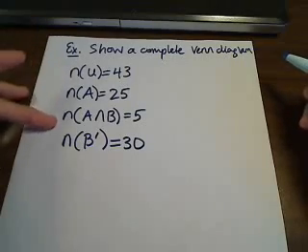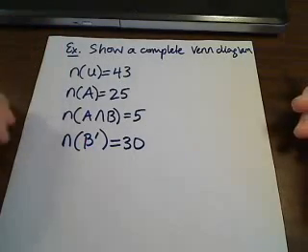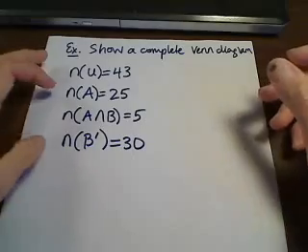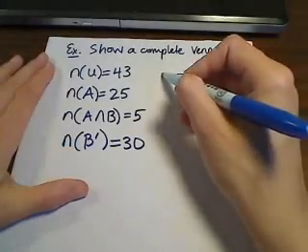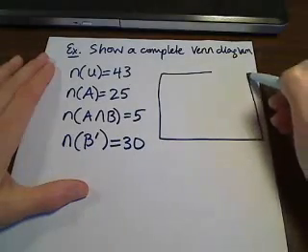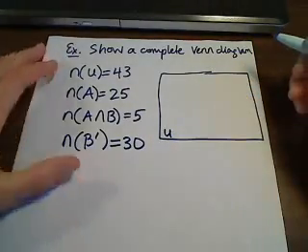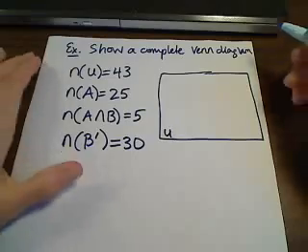Okay, so again, we're kind of going in the opposite direction of what we did in the previous problem. They're giving us this information, and then we're going to take this and put it on a Venn diagram. So the first thing is I'm only working in this problem with two sets. I see A and B, and that's it.